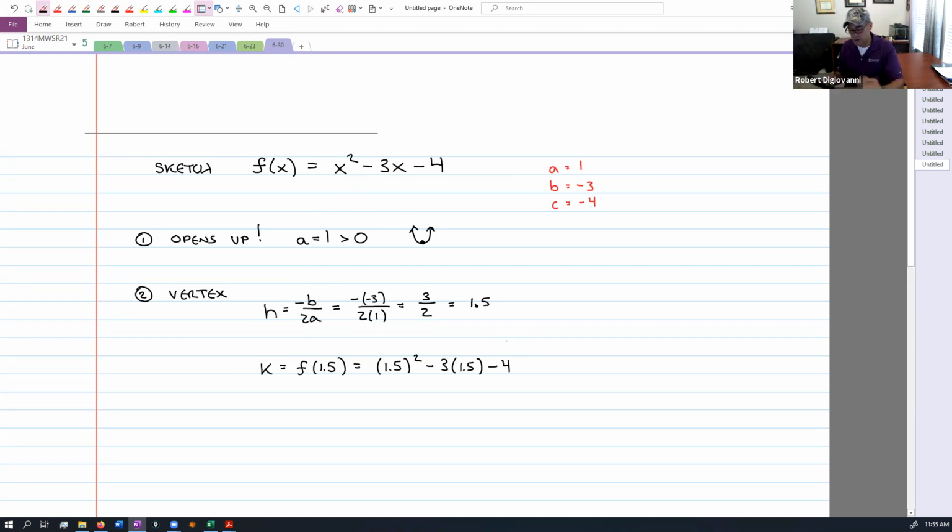I'm going to do these one at a time. So this will be 1.5 squared is 2.25 minus, okay, 3 times 1.5 should give you minus 4.5 and then minus 4. Are there any questions on this? Y'all are all right? Getting negative 6.25.